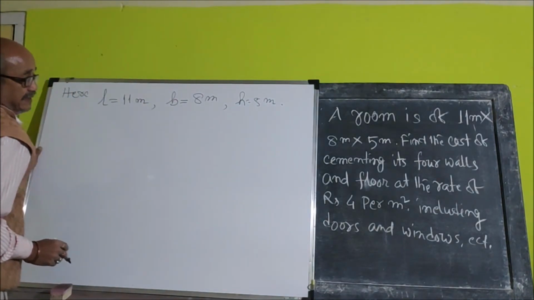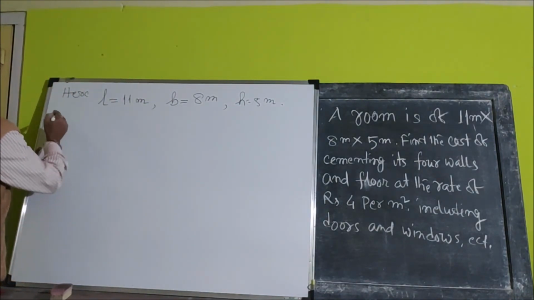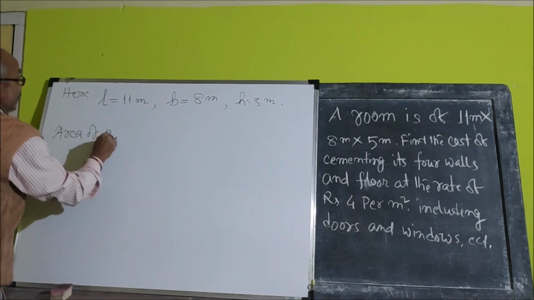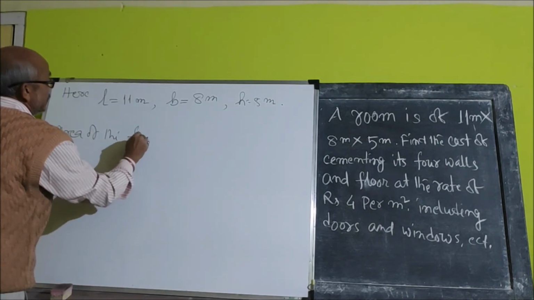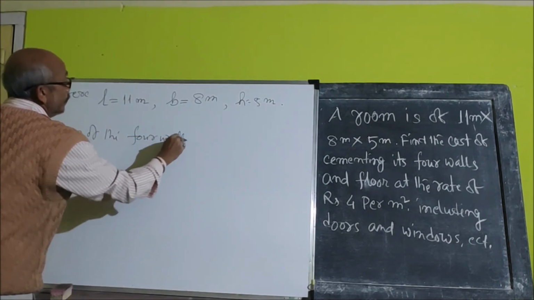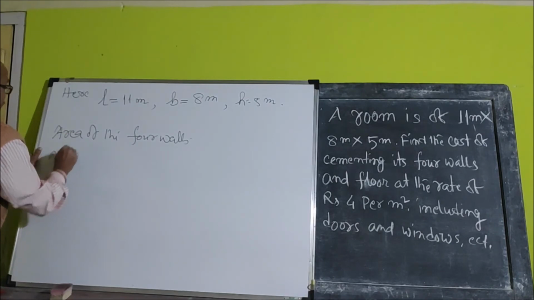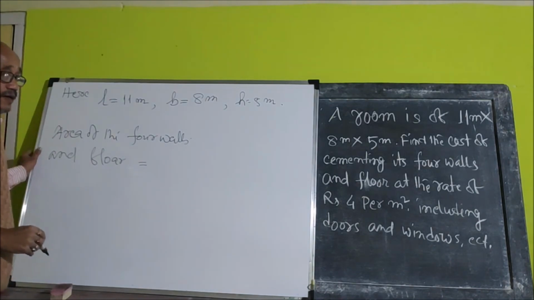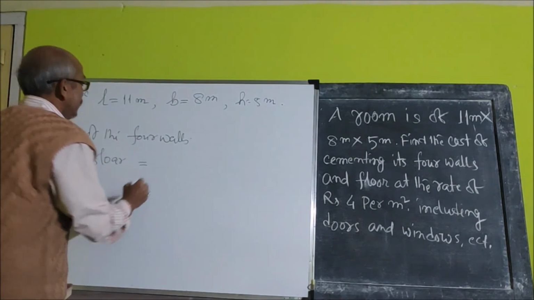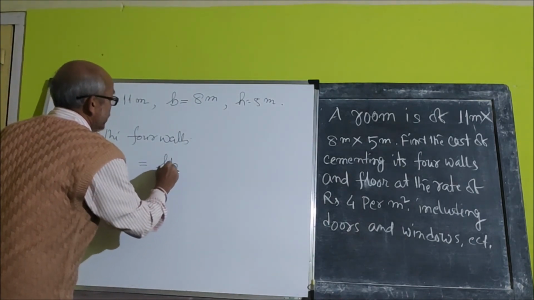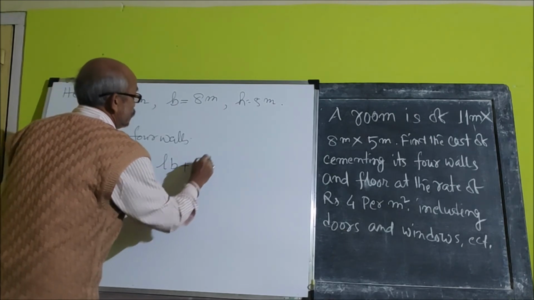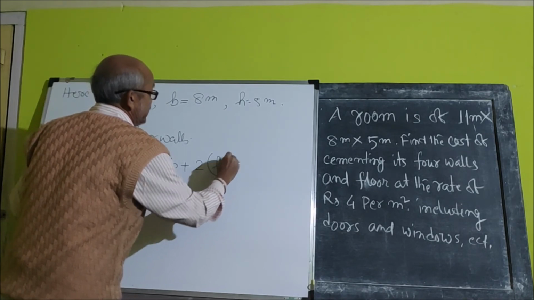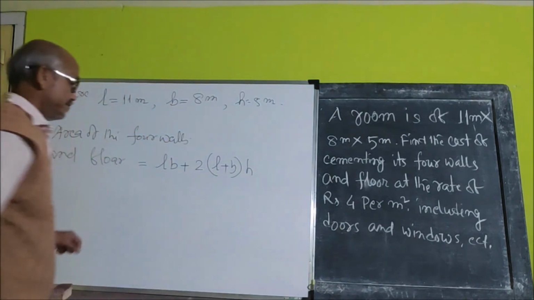Area of the 4 walls and floor equals LB plus 2(L plus B)H.